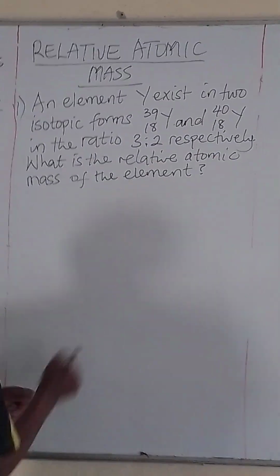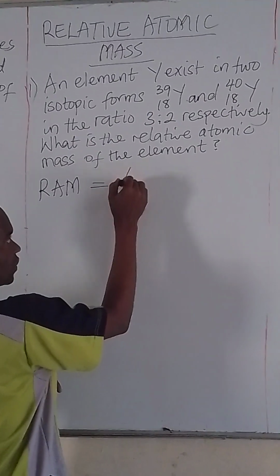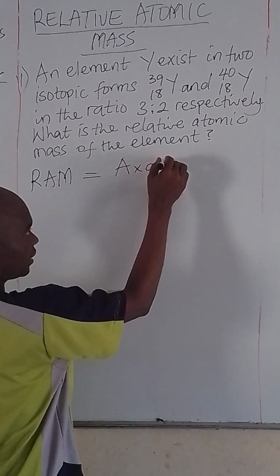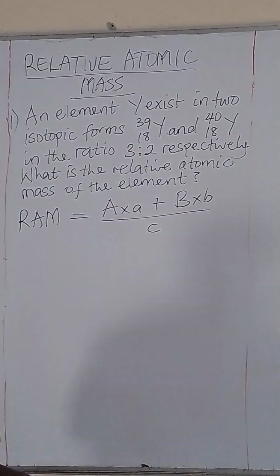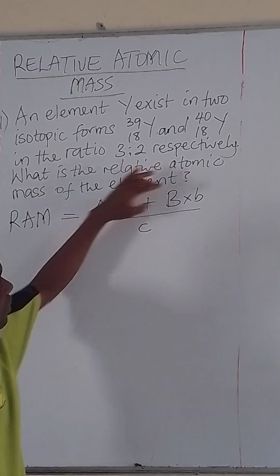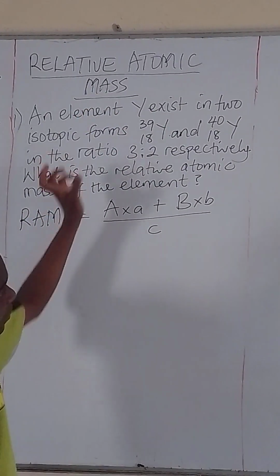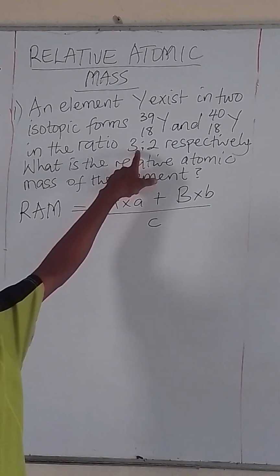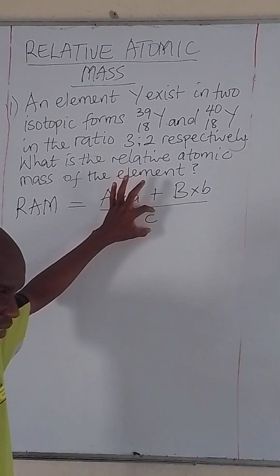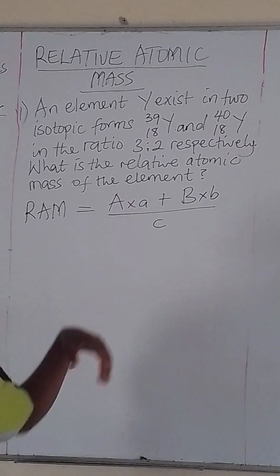We apply the formula: relative atomic mass is equal to capital A times small a plus capital B times small b, all over small c, where the capital letters represent the mass numbers of the respective isotopes, and the small letters represent the ratio, while small c is the sum of the ratio.